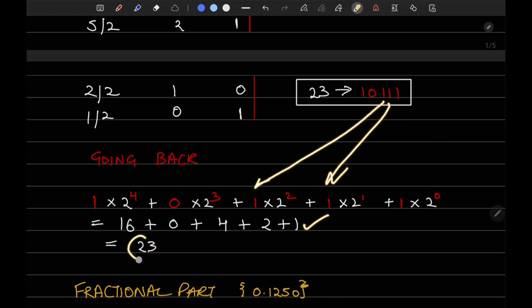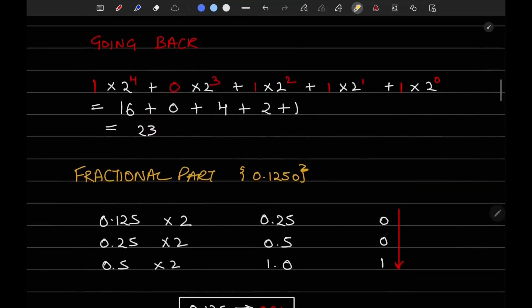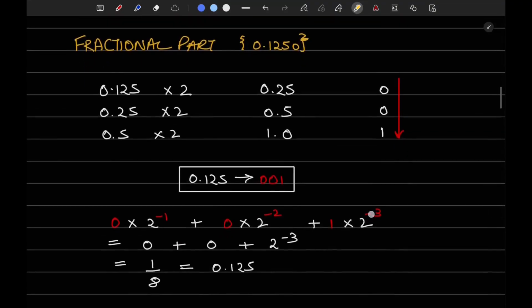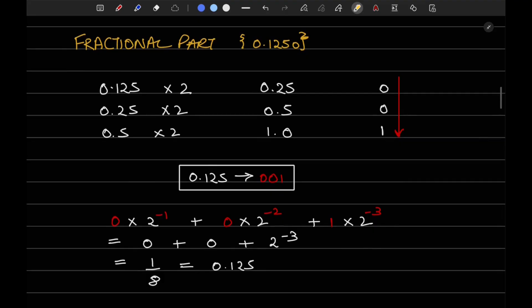Now for the fractional part, we keep multiplying the part by 2, and each time we record the integer part that comes out, which will be either 0 or 1. Then we drop the integer part and repeat with the new fractional remainder until we've got enough bits or the fraction has become 0.